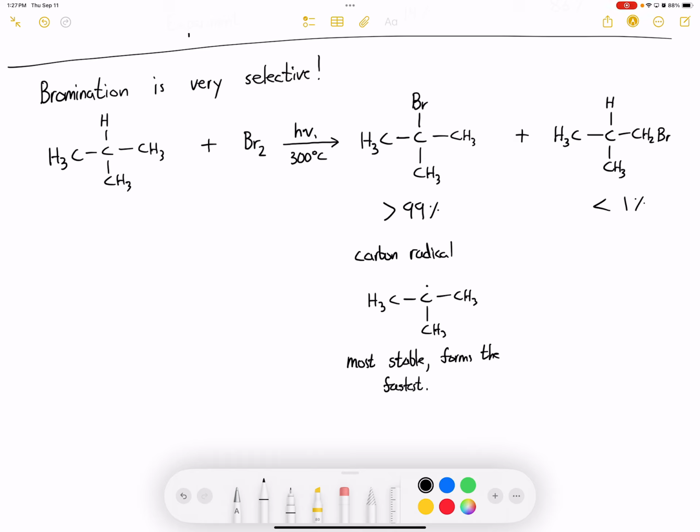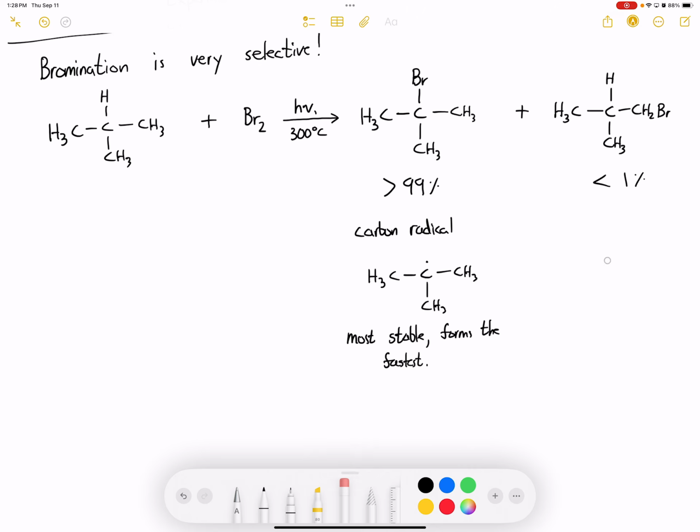Okay, because it forms the fastest, our bromine's around. What do you think it's going to react with? This radical that forms the fastest, or the primary radical that forms the slowest? What do you guys think?